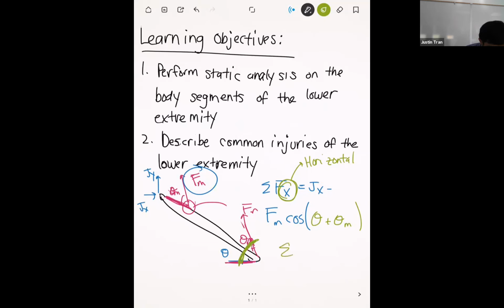So for the vertical, let's see, we have JY, and we have plus FM, and this time we're going to have sine of theta plus theta M, okay? And I think we have an extra term in there for the weight as well, okay? And so when you're doing your sum of forces, really think about the angles that I give you, look at the figures that I provided you, and see what are the two lines of action that form these angles, right?